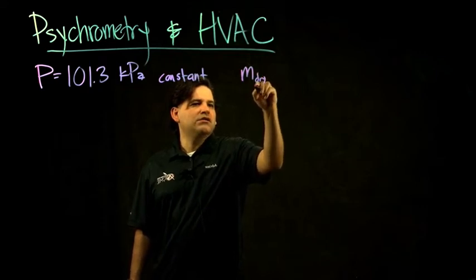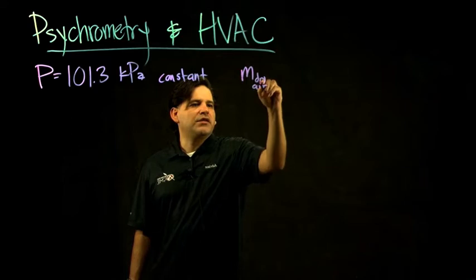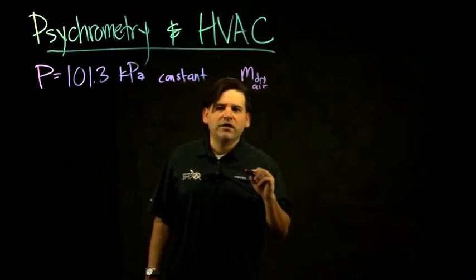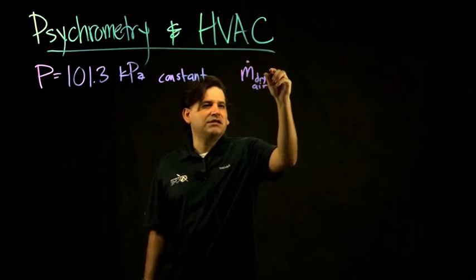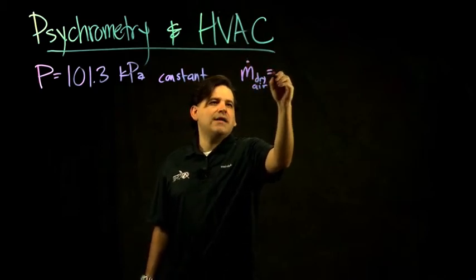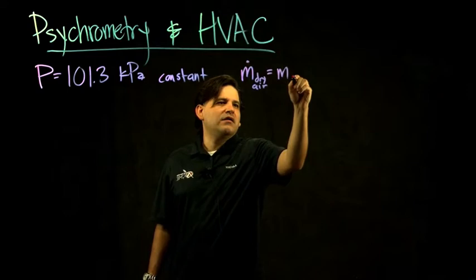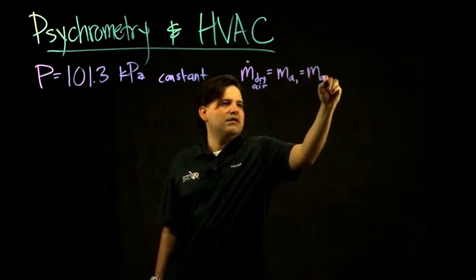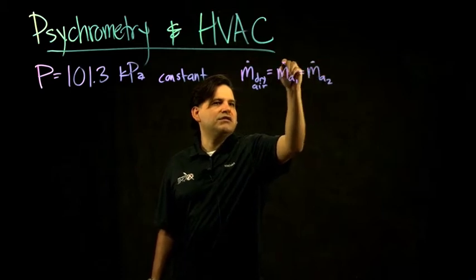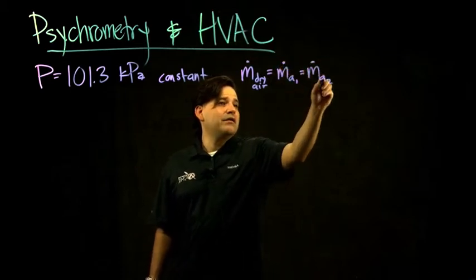Another assumption is that when you're designing a system with air and water vapor, in most applications that we're going to learn, the mass of the dry air, let's call it A, doesn't change. It's a steady flow in terms of dry air.